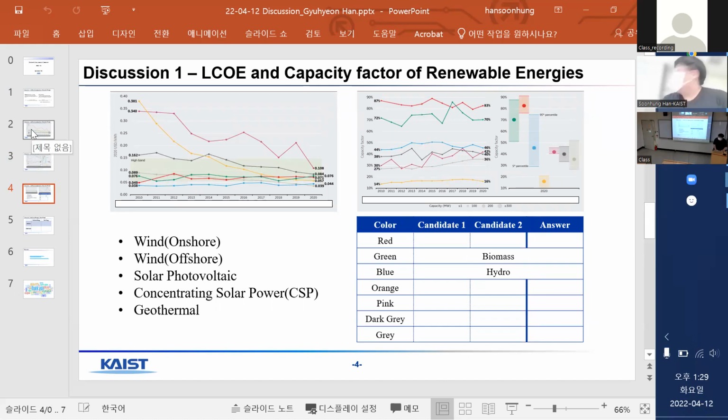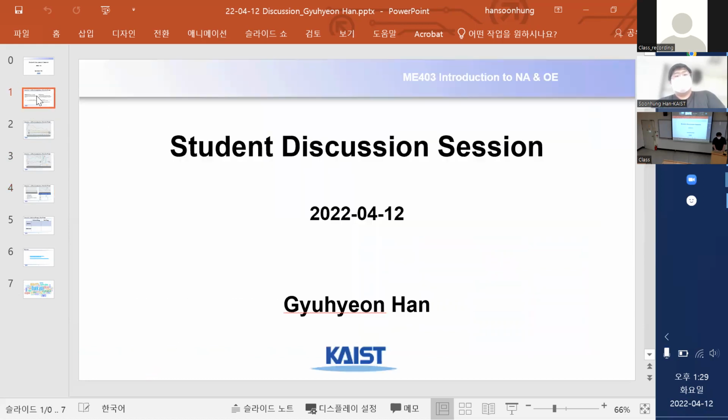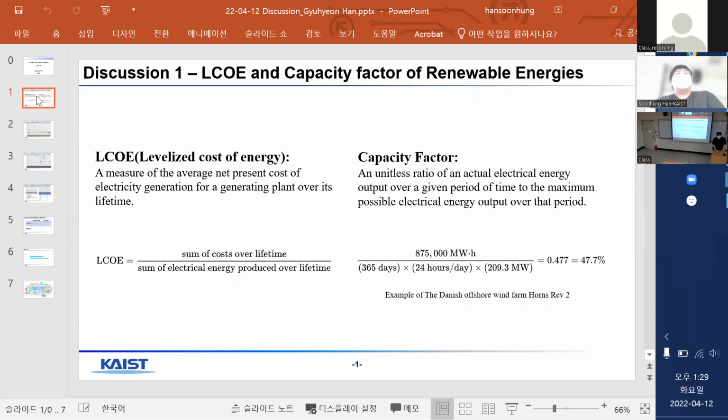I have a question. To calculate capacity factor, how do we count hours per day? For example, for solar power, you can only generate electricity in the daytime. So when we calculate solar power's capacity factor, do we use 24 hours per day or just daytime?